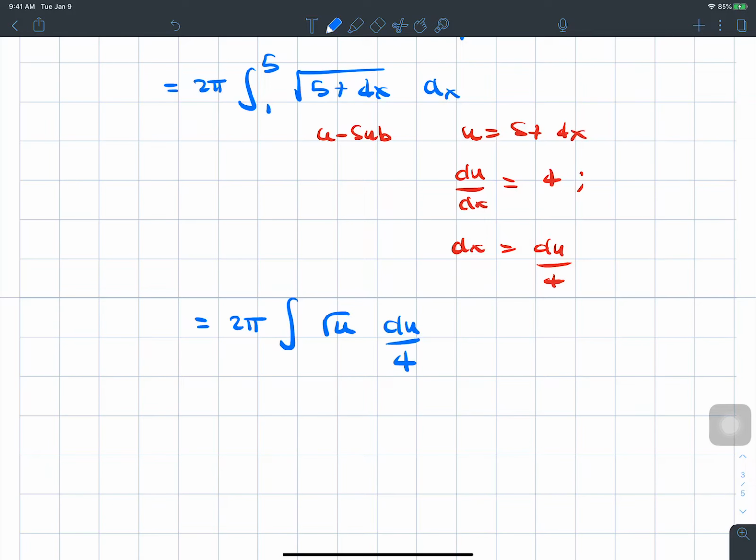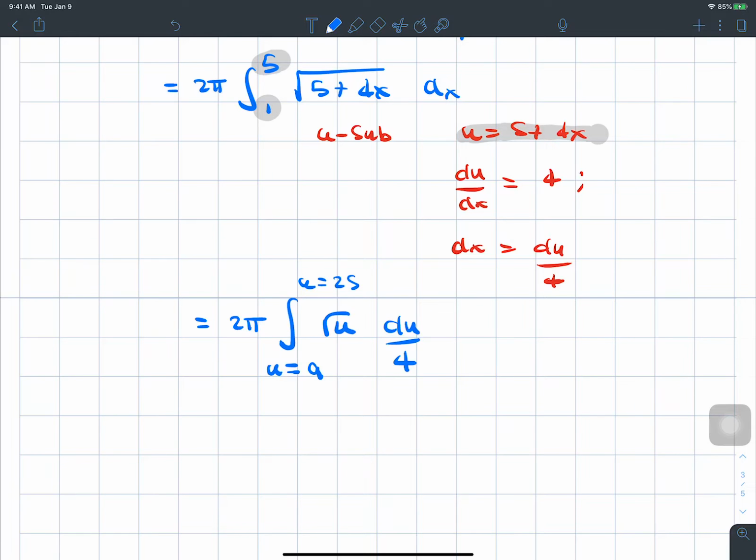Now let's think of the limits here. Because u is 5 plus 4x, if I plug in 1 for x, the lower limit becomes 9. The upper limit, when x is 5, we get 25 for the upper limit.